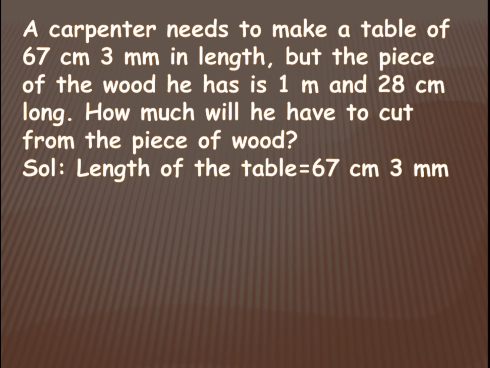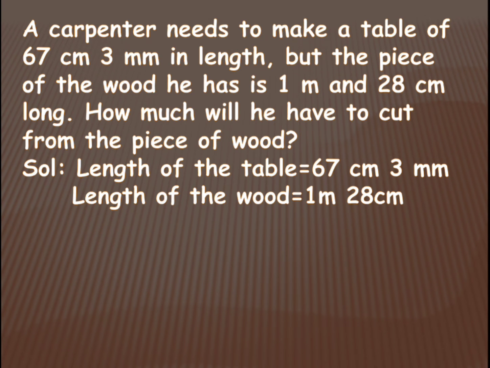So the length of the table, how much does he require? 67 centimeters and 3 millimeters. Now how much does he have? 1 meter 28 centimeters. Now what we have to do? This 1 meter we have to convert into centimeters, so we multiply with 100. 1 into 100 centimeters.